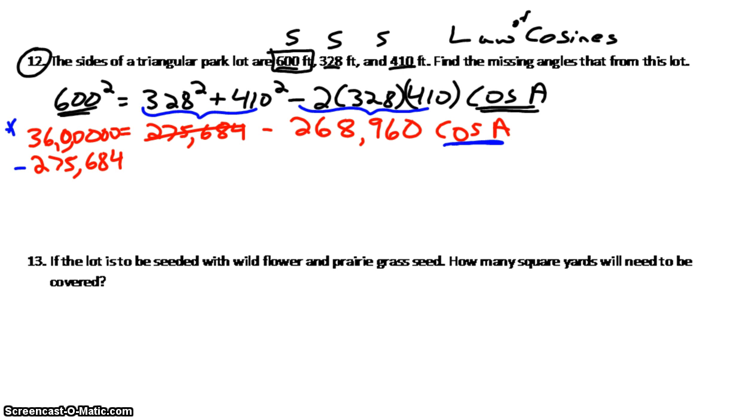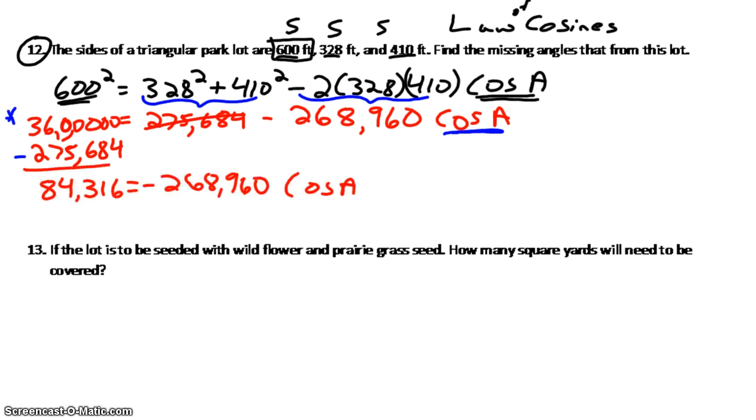So I'm going to work this problem through, and you do that as well. So what I come up with then is 84,316 equals the negative 268,960 cosine A. The next step is to get a decimal by division, and that's an approximation there, cosine A.